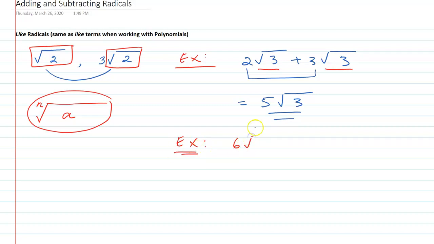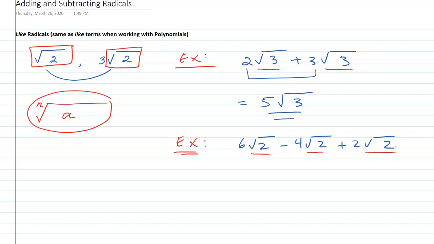6 root 2 minus 4 root 2 plus 2 root 2. First thing we have to do is make sure we identify like radicals. They all have root 2, so they're like radicals.